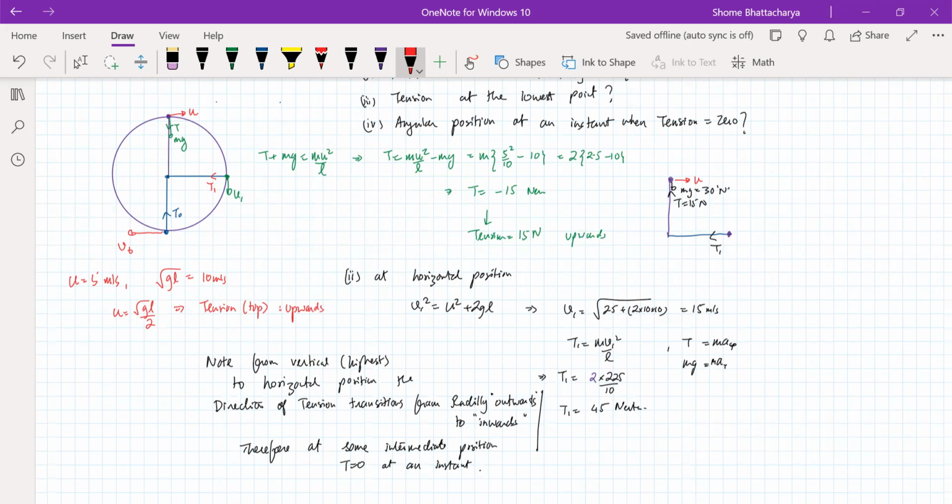So V naught. Now coming to this third part, V naught will be equal to square root of U square plus 4GL.